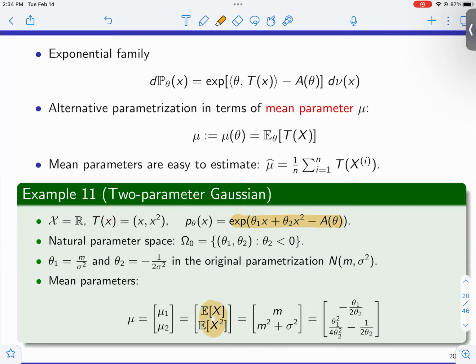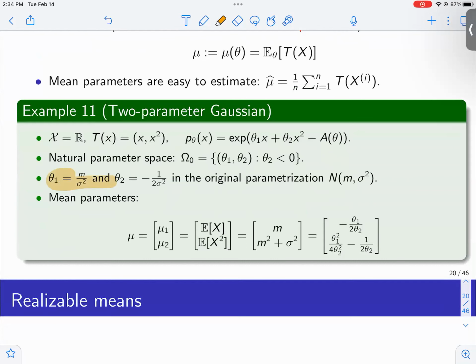So it would be the expectation of x and the expectation of x squared. The expectation of x is just going to be m, and the expectation of x squared, the second moment, would be m squared plus sigma squared. So it's related to the mean and the variance, or just the mean and the second moment. It's closer to what you expect if you invert this relation and solve for theta 1 and theta 2 in terms of m and sigma squared. You can plug it in, and you get this form for the relation between the mean parameters and the canonical parameters.